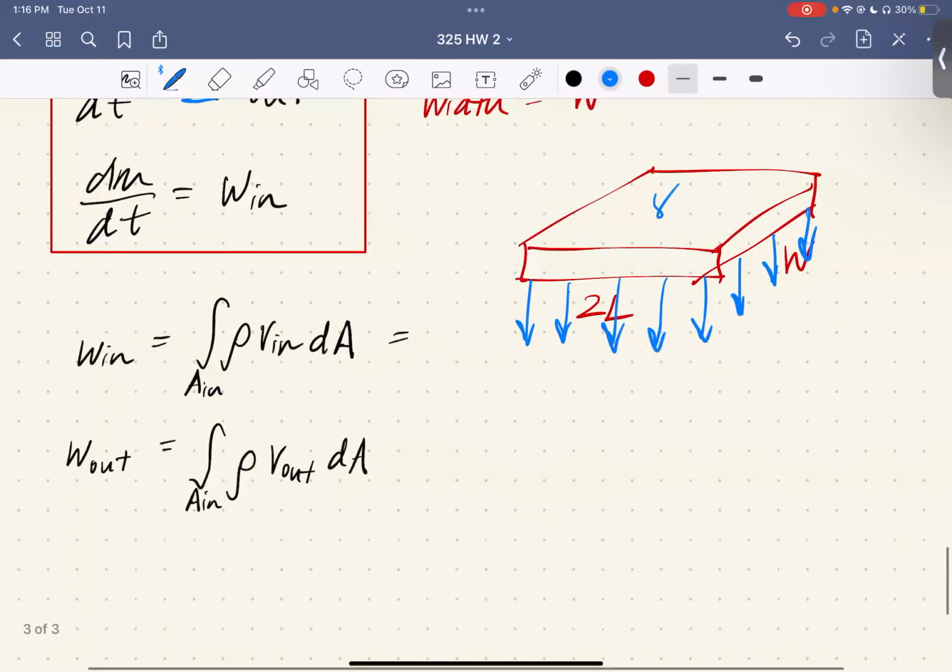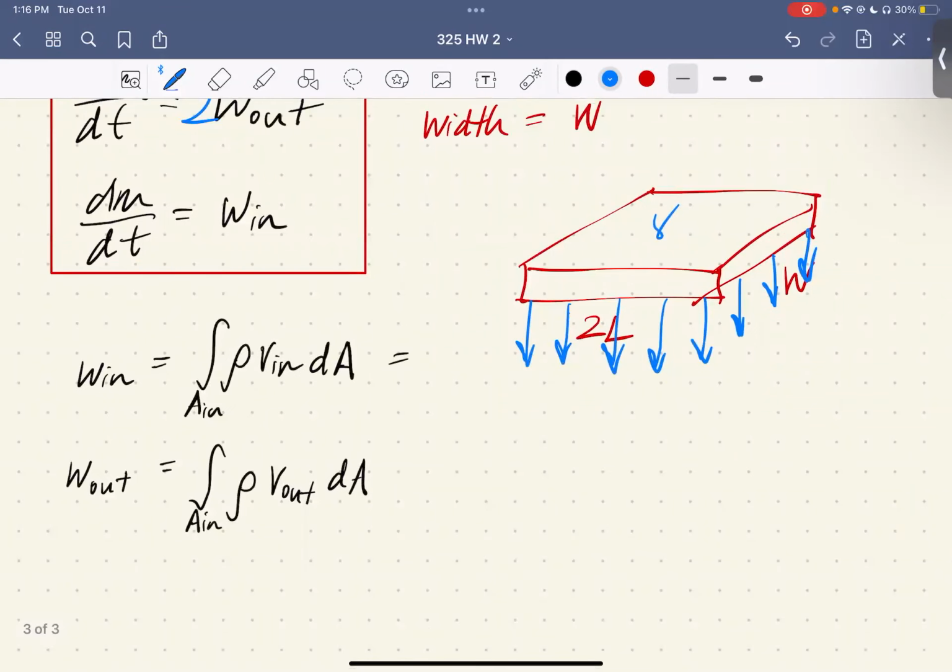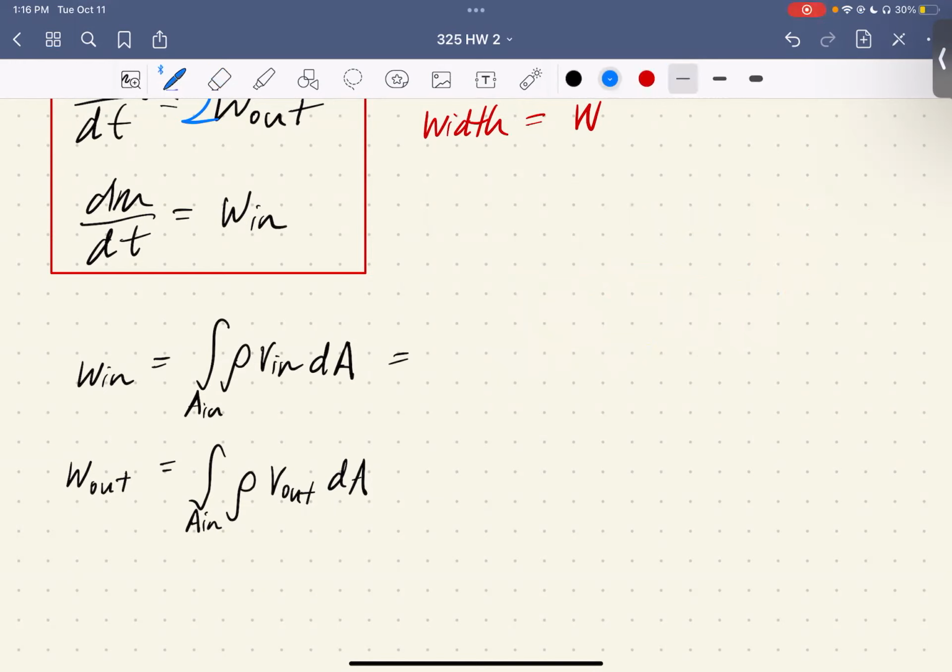Not only that, but these dimensions don't change. So that's really important to know. Let's erase this right over here so we have more space. That means we maintain rho, our velocity in, and it's multiplied by our cross-sectional area, which ultimately says 2L times W. And that's our cross-sectional area.